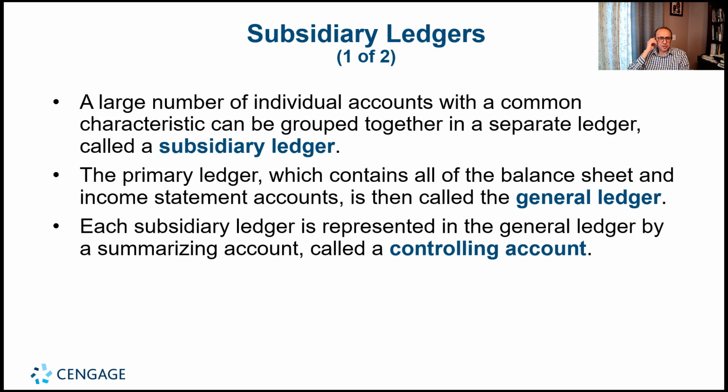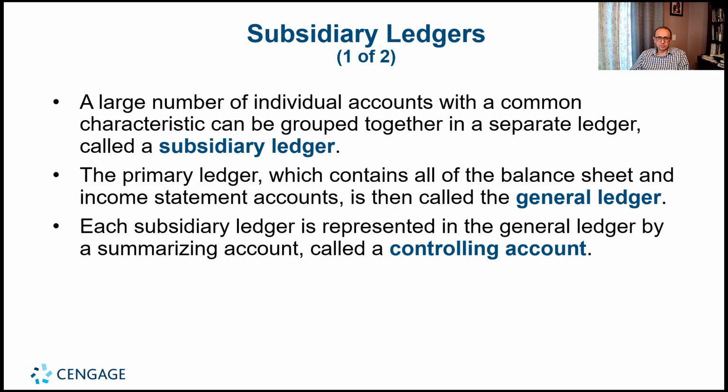So now let's talk briefly about something called the subsidiary ledger. The subsidiary ledger, from its name, just falls under the general ledger. We have the general ledger where all the main transactions are recorded, but we also have a subsidiary ledger to clarify a little more detail for accounts, for example, accounts receivable and accounts payable. We really don't want to overwhelm the general ledger with single transactions related to specific customers or specific suppliers.